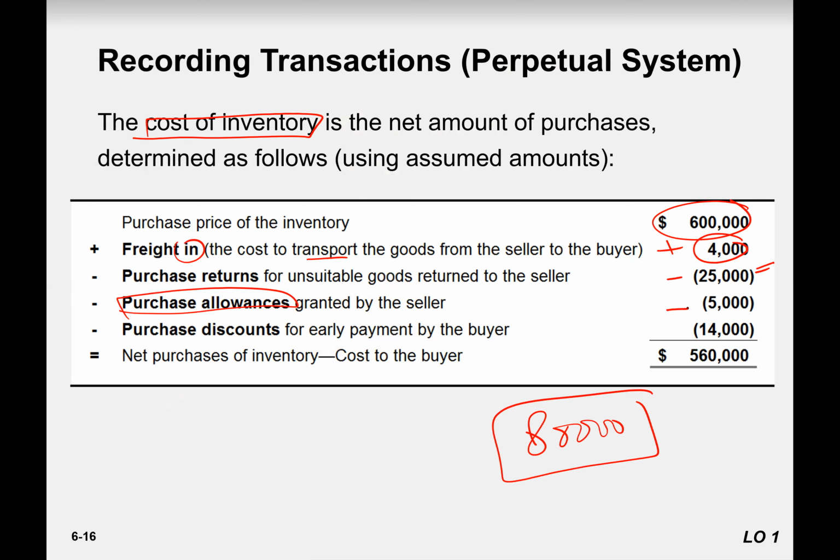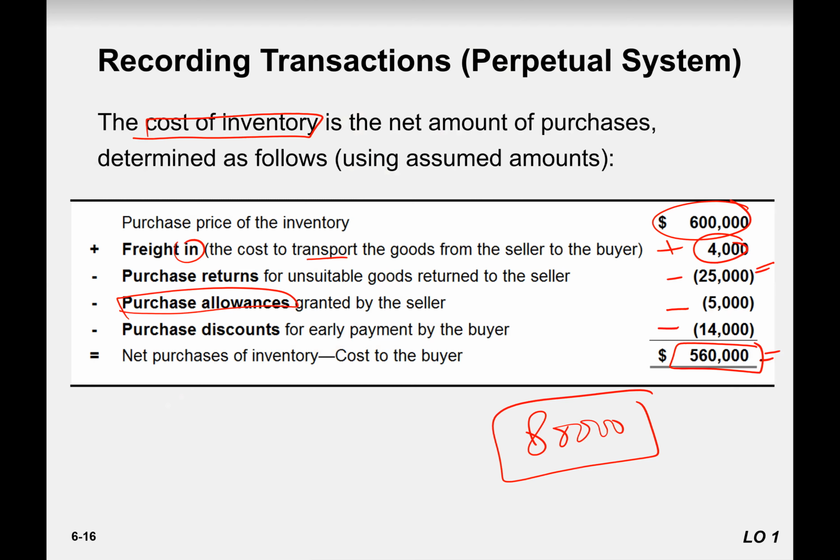Allowances and discounts are also subtracted. So this is called the net purchase of inventory, right? This 560,000 includes all the purchase returns, purchase allowances, and all the transportation paid by us, not by the seller.